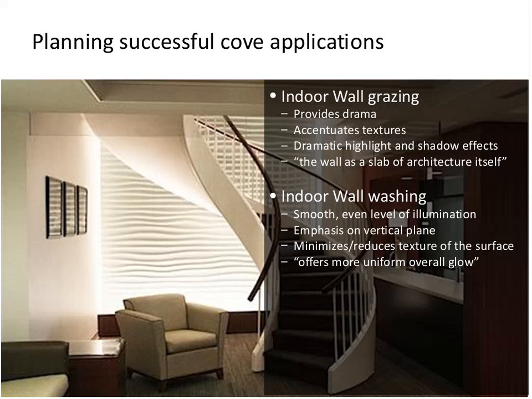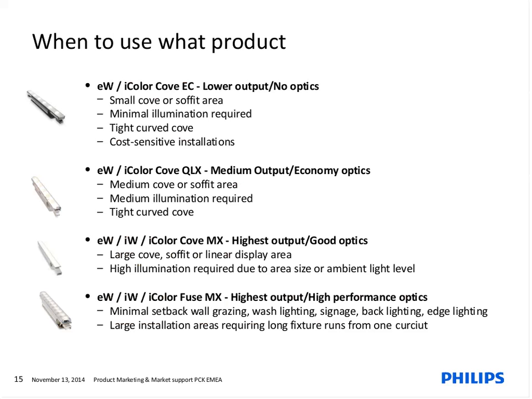So just to summarize our fixtures, here's a slide where you can understand when to use what product. Like we said before, Cove EC is available in essential white or color Cove. It provides you the lower output and almost no optics.